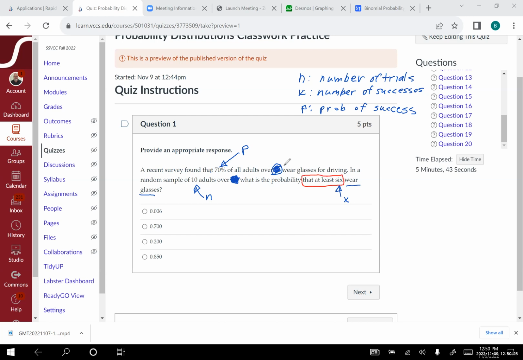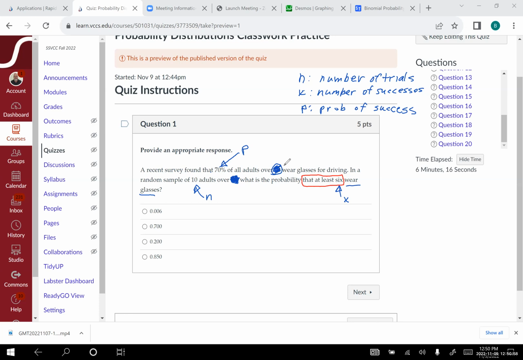So 6 is our X, but when we put it in a calculator and get all those answers, we have to ask ourselves which one of these represents at least 6. So we'll put in this N, P, and X first, and then we'll calculate our probabilities, and then we'll look at which one represents at least 6.